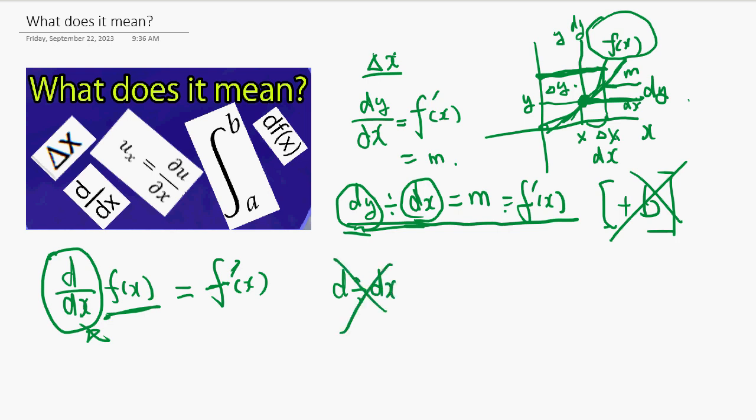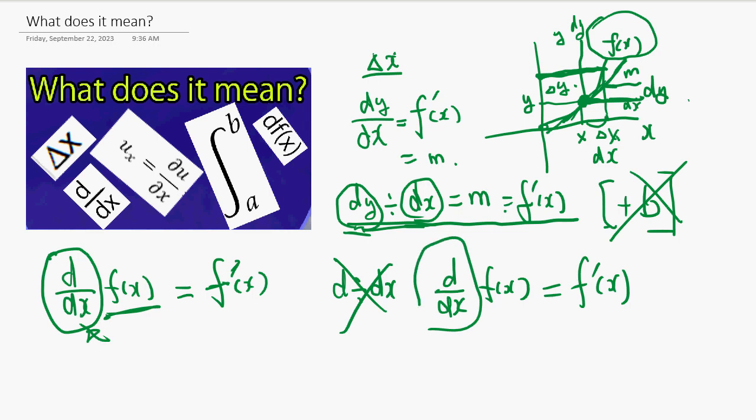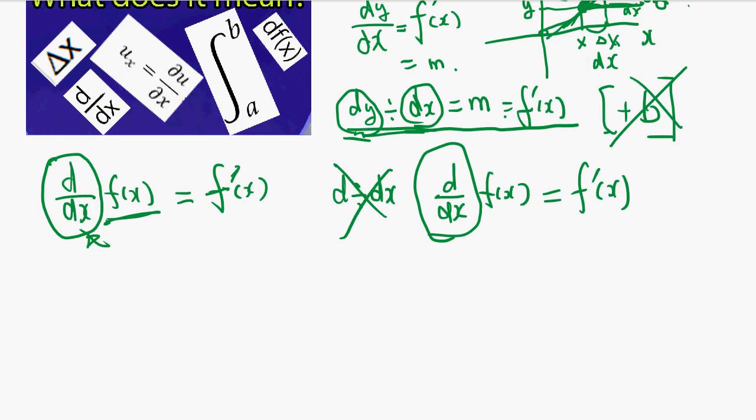It's just the symbol for the derivative function of some function, and that is f prime x. It's very confusing. They shouldn't use this kind of notation. It just confuses students, but they use it in the textbook without explaining anything, right?